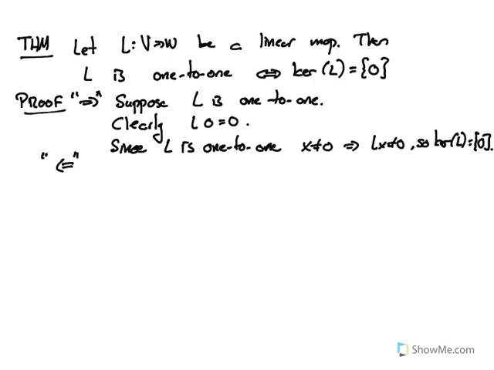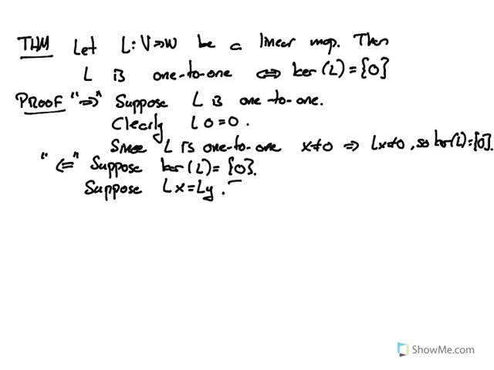Now let's go in the other direction. Suppose the kernel of L is equal to just the zero vector, then suppose also that Lx is equal to Ly. We need to prove that x is equal to y. And that equation is the same as saying that L of x minus y is equal to 0.